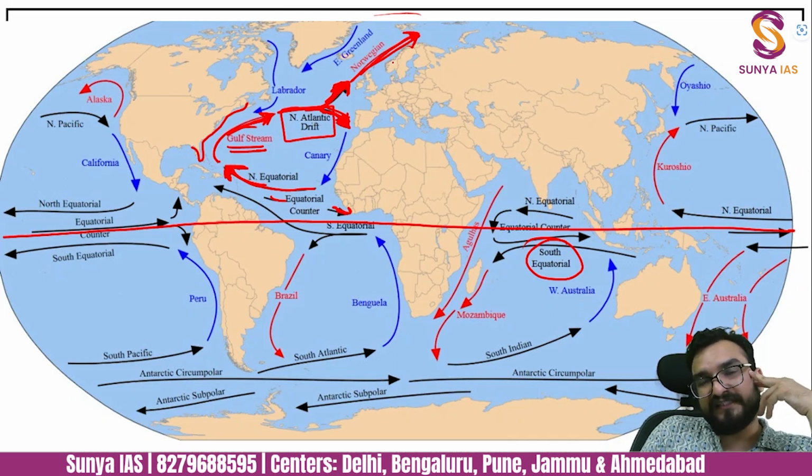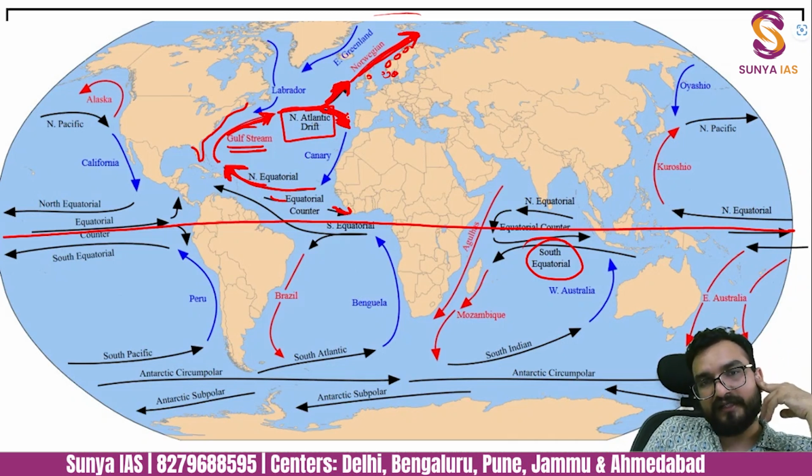So because of this particular current, most of the ports here do not freeze in cold times because of the warm current present over here, guys. Otherwise, you will see all the ports freeze over here. The seas, or the ocean, will convert into ice. But because of this Norwegian current, this does not happen in this particular region of Europe.